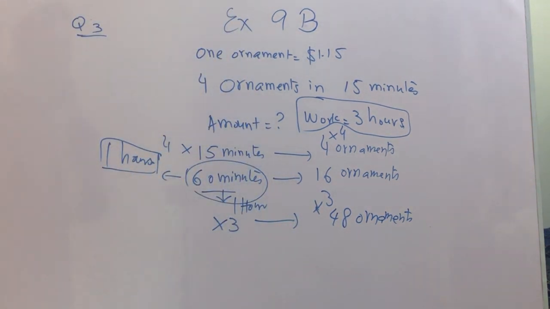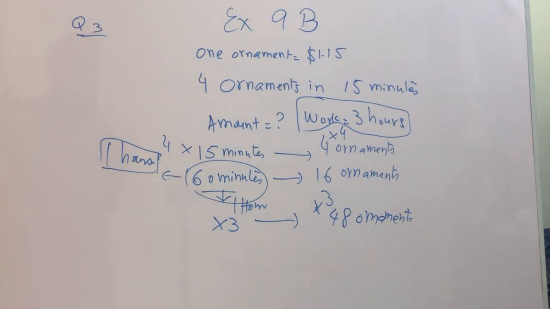So if he was making 4 ornaments in 15 minutes, we multiplied both sides with 4 and we got the answer that in 60 minutes, that in 1 hour he can make 4 into 4, 16 ornaments. So we have 3 hours, so we multiplied both sides with 3. In 1 hour he is making 16 ornaments.